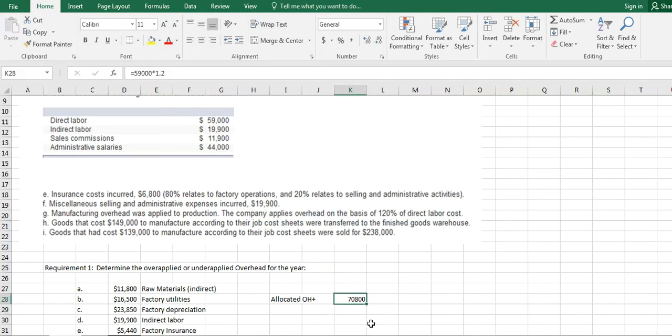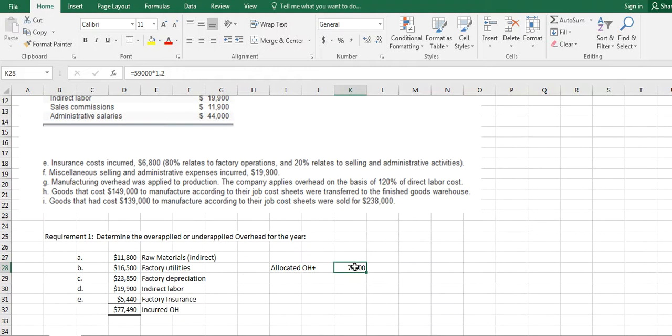So $59,000 times 120% or 1.2 gives us $70,800 worth of manufacturing overhead that was allocated or applied, however you want to term that. So if we've allocated $70,800 and we actually incurred $77,490, we under applied that overhead by the difference in the two.